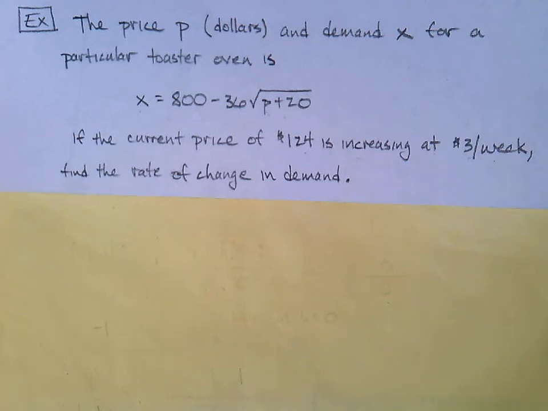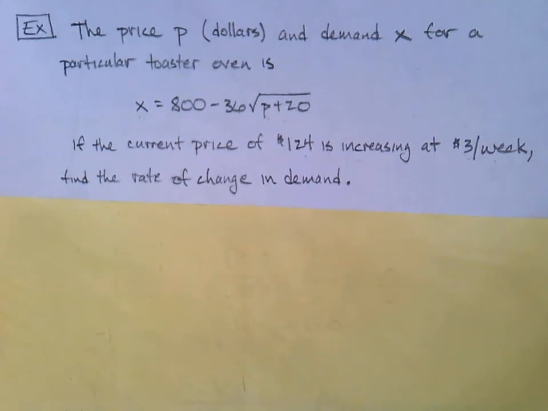And they're going to be raising the price at $3 per week. That seems like a lot. Find the rate of change in demand. So how fast is the demand for this toaster oven going to change as the price creeps up? Maybe they're okay with that. Maybe they make more money in the end if they charge a bit more. I don't know.